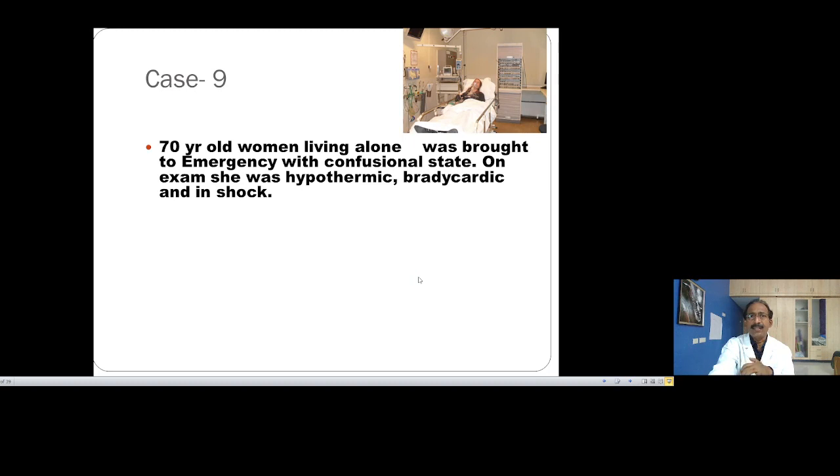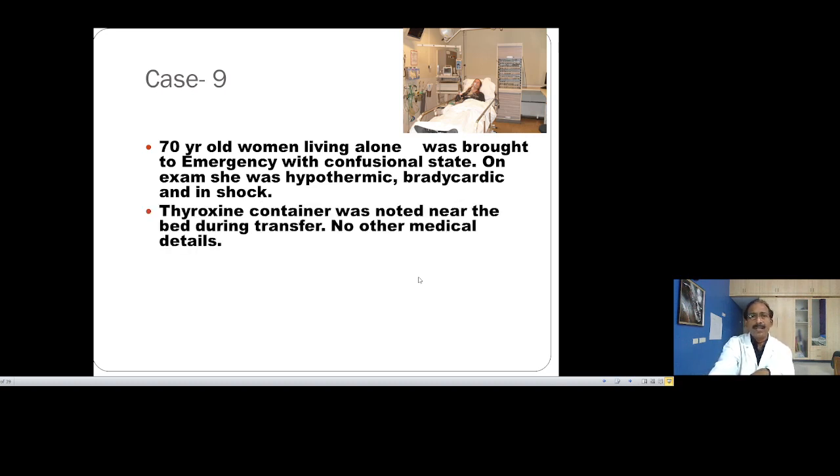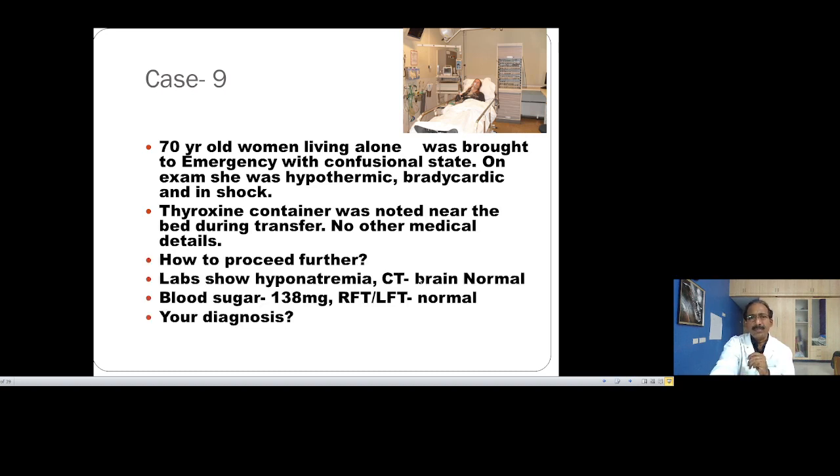And again, case number 9. A 70-year-old woman living alone was brought to the emergency with a confusional state. On exam, she was hypothermic, bradycardic, and in shock. A thyroxine tablet was noted near the bed. So she lives alone. Probably she's a hypothyroid patient who has not been treated for some time, because of memory impairment and so on.